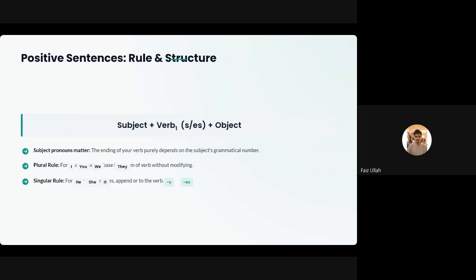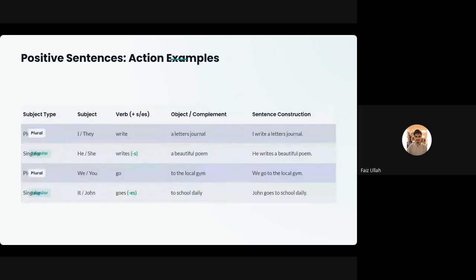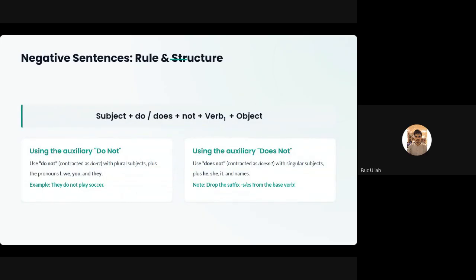Okay, let's do another activity. Let's practice negative sentences. You people talked about your daily routine, your siblings' daily routine, your likes. But there are some things that you do not do on a daily basis, that are not part of your routine.